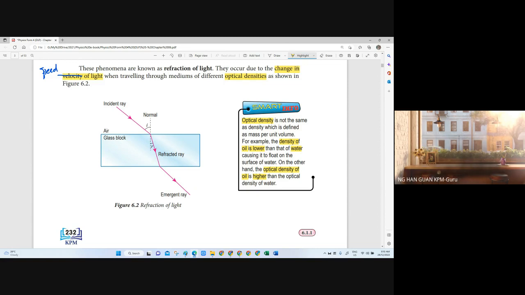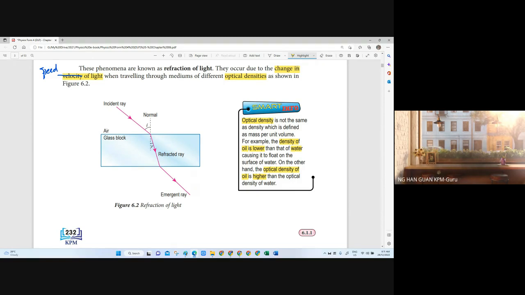In that case, density itself will affect the change in the speed of light. The relationship is inversely proportional: the denser the water, when we add more salt, the more the speed of light decreases. But we cannot compare density across different media, for example water, oil, glass. That is not possible.